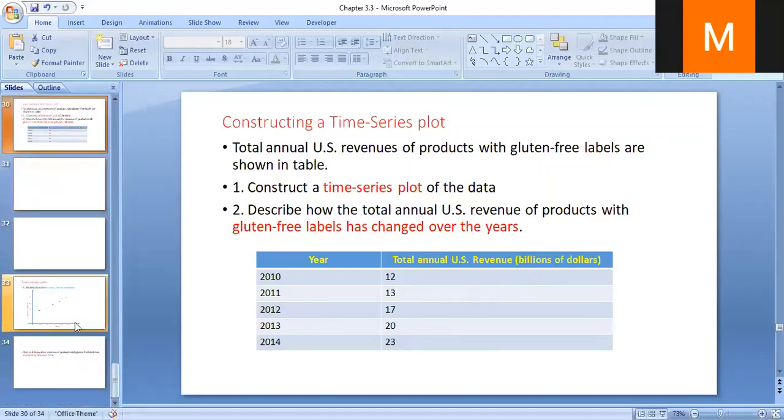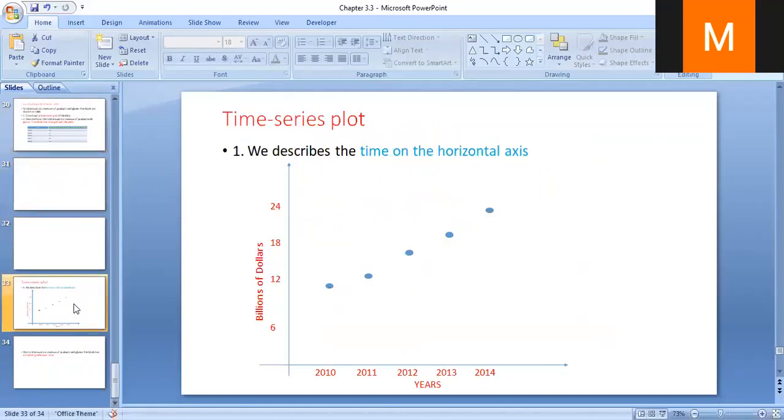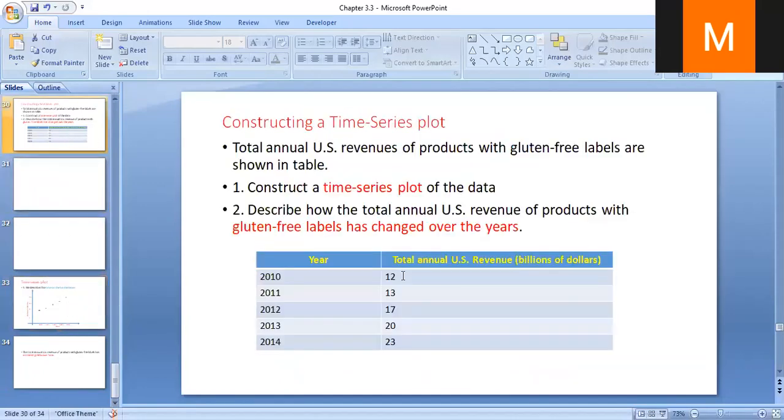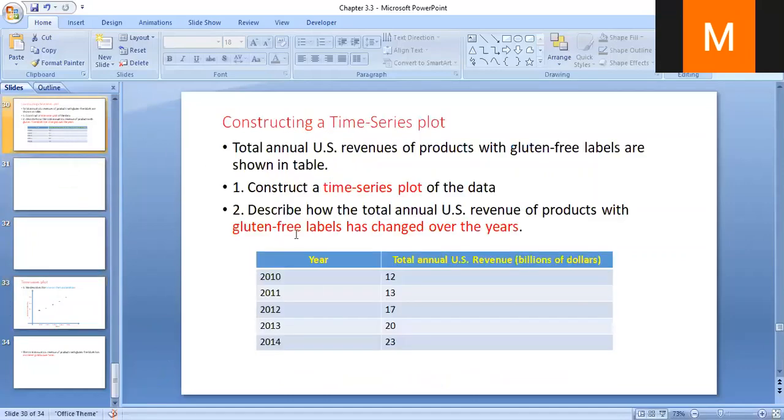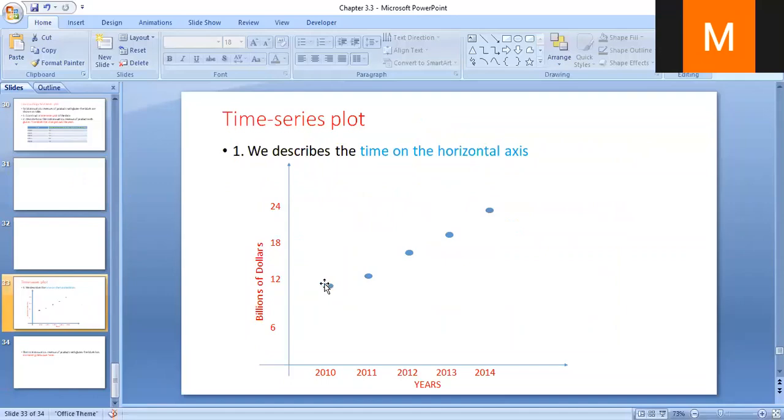And when you make the high surplus, you look on this one. You make the table from 2010, 2011, 2012, 2013 to 14, and you plot the number 12, 13, 17, 20, 23 in this one. Number 2010, we have 12, and you plot number 12.